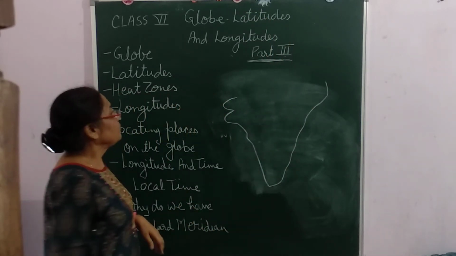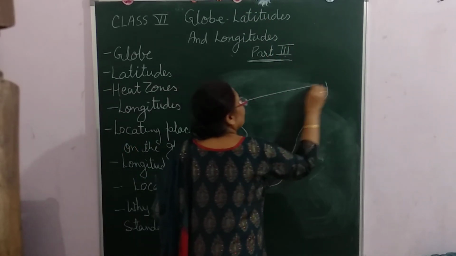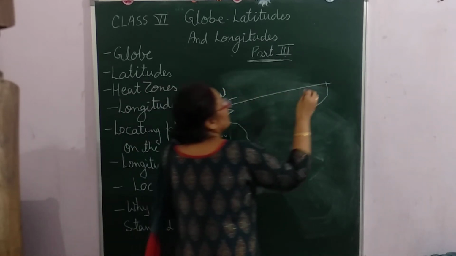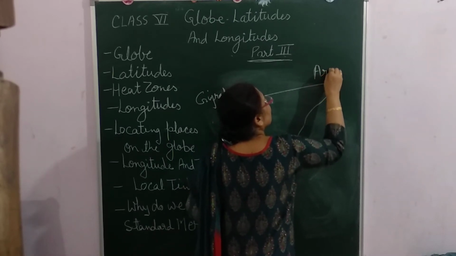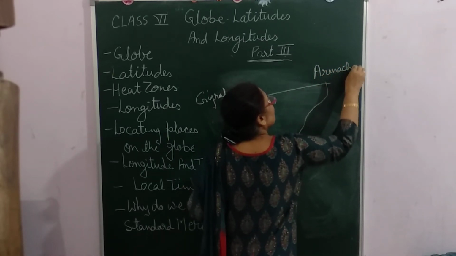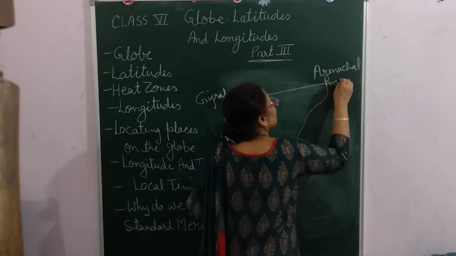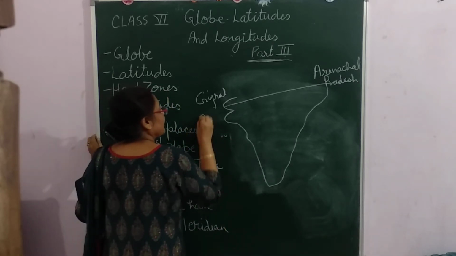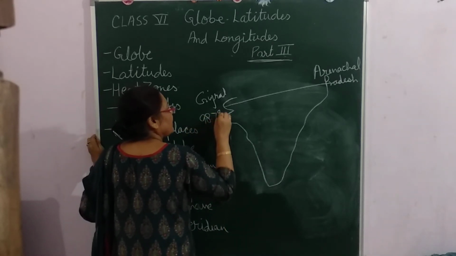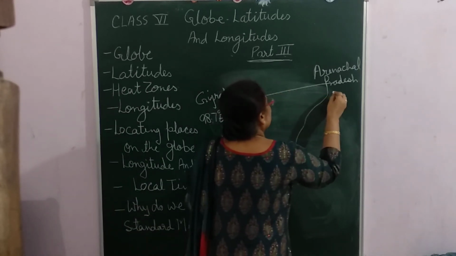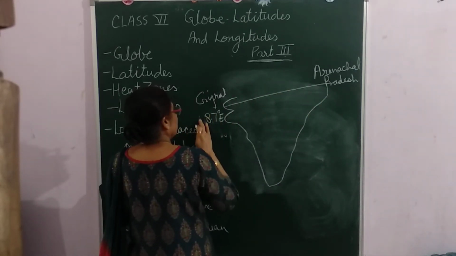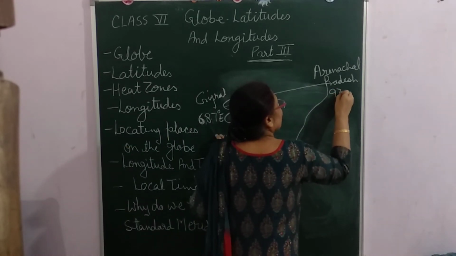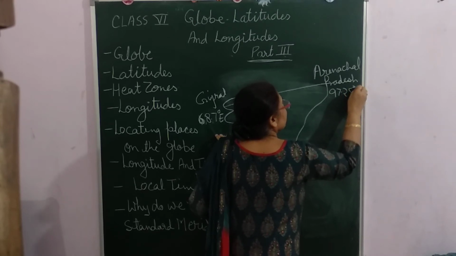This is India, and the extent of India is from Gujarat to Arunachal Pradesh. Arunachal Pradesh is at 97.25 degrees east, and Gujarat at 68 degrees east.